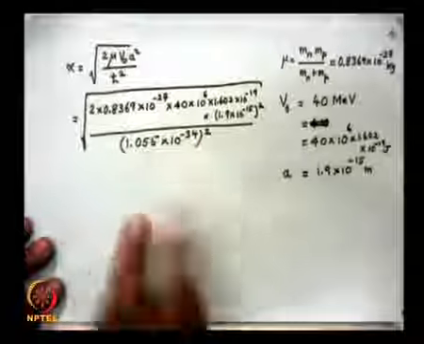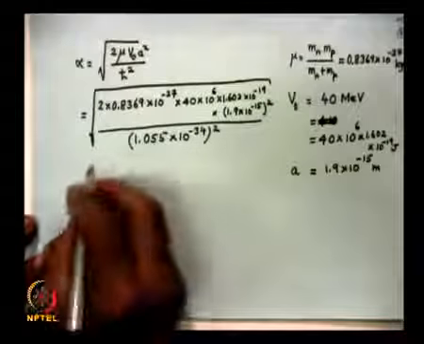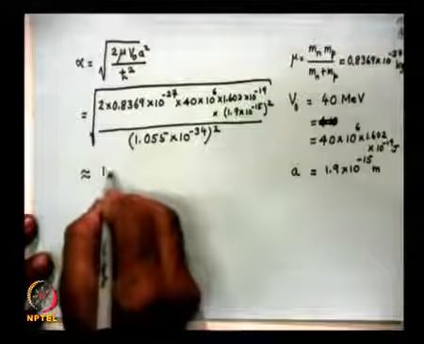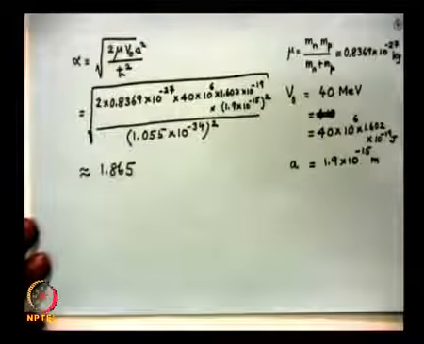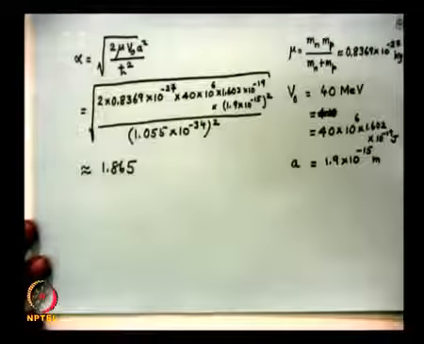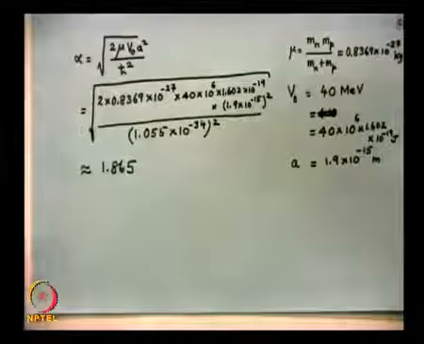So, if you do this very simple calculation, then this comes out to be approximately 1.865. Alpha is 1.865. So, for the neutron proton problem, this is an approximate calculation. So, alpha is about 1.865.